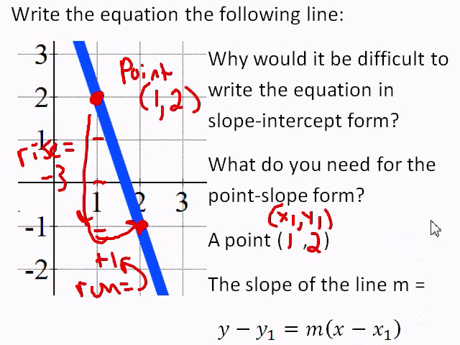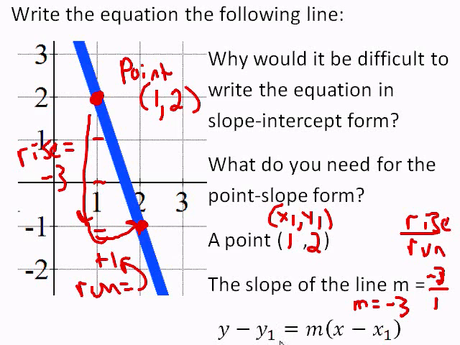So our slope, again, slope being rise over run, is going to be negative 3 over 1. Now, negative 3 over 1 can be reduced a little further, giving us finally our m equal to negative 3. So we have an m, we have an x1, y1.